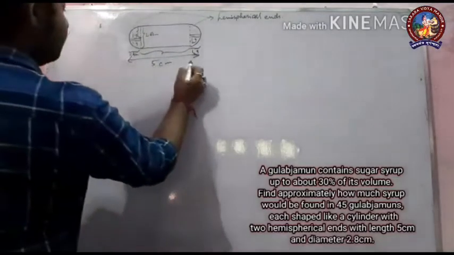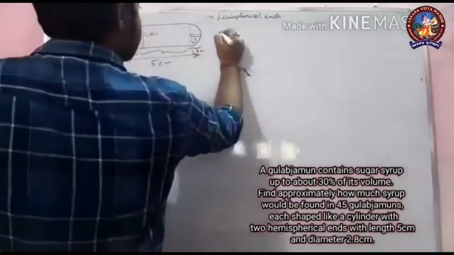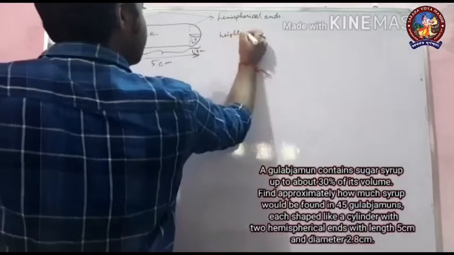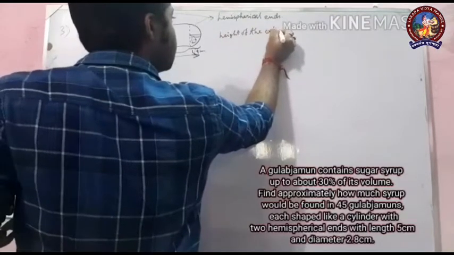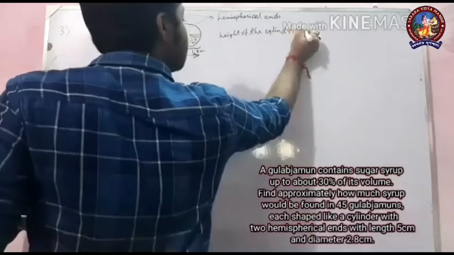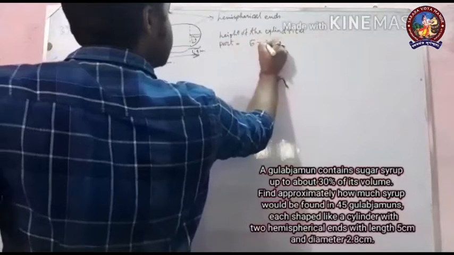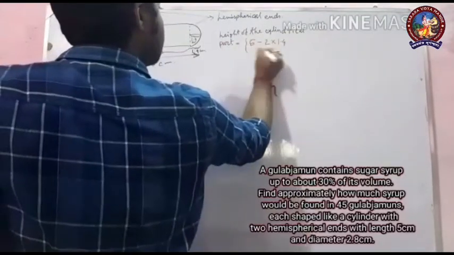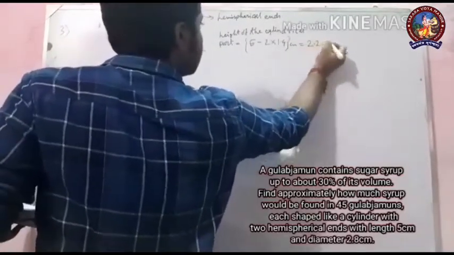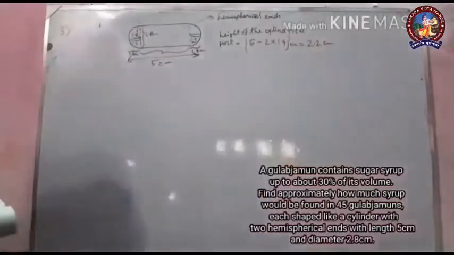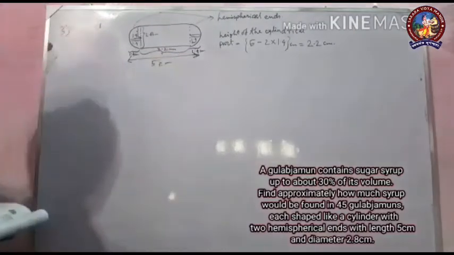The total is 5, this is 1.4 and this is 1.4. The height of the cylindrical part is 5 minus 2 into 1.4, that is 2.2. So this much height is 2.2 centimeter.